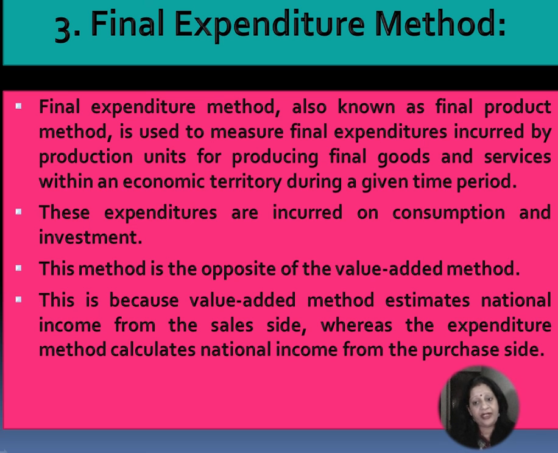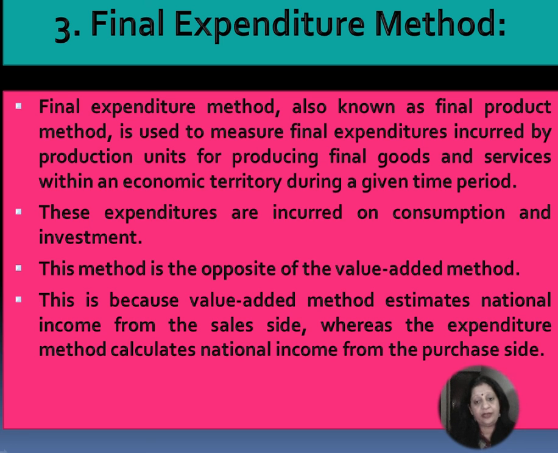The third is whatever expenditure takes place in the production of goods and services during a given period of time, it is known as final expenditure method. These expenditures are incurred on consumption and investment. This method is the opposite of the value added method.